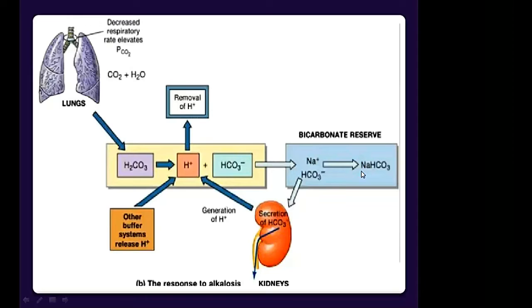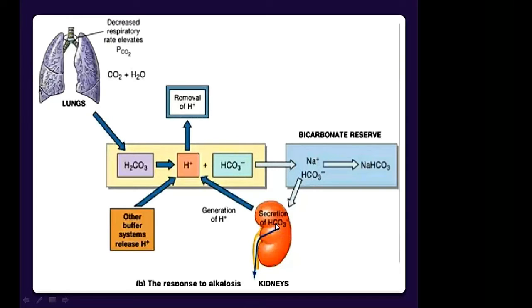Whenever bicarbonate is needed, it will be dissociated, the backward reaction. The excess bicarbonate that is formed will go to the kidney directly. Excess bicarbonate will be secreted through urine. Secretion of HCO3 minus through urine via the kidney cells, whenever it becomes excess in the blood.